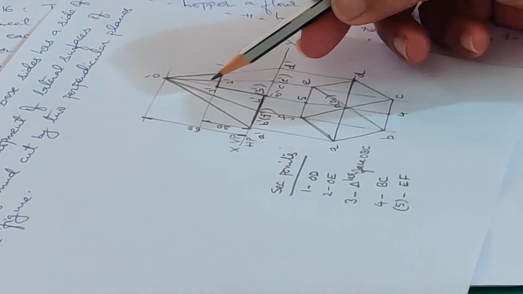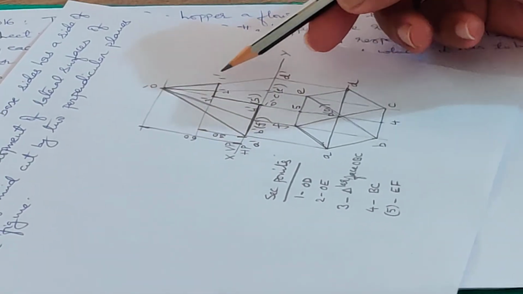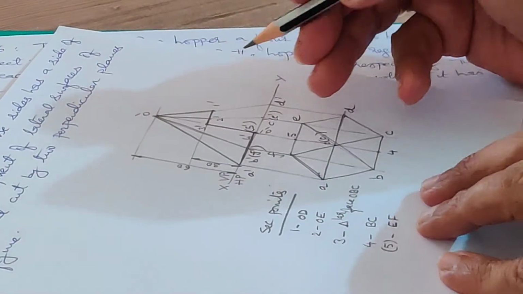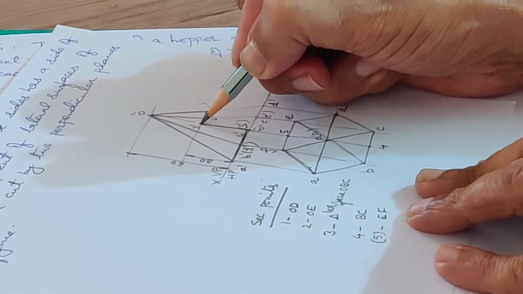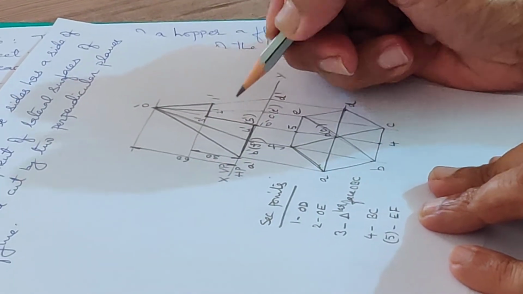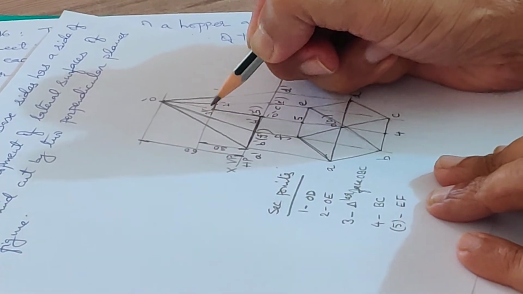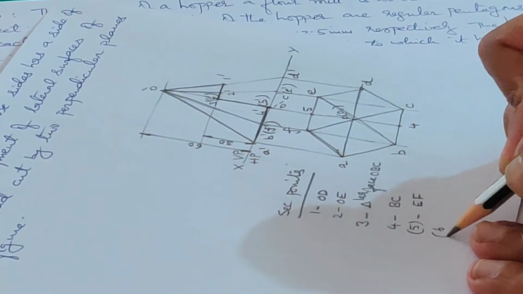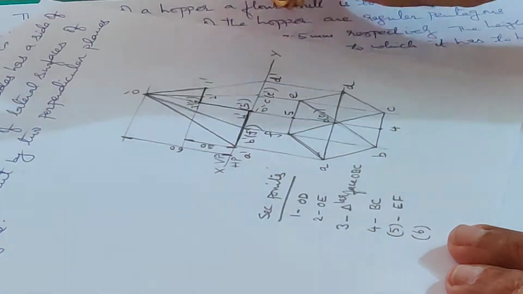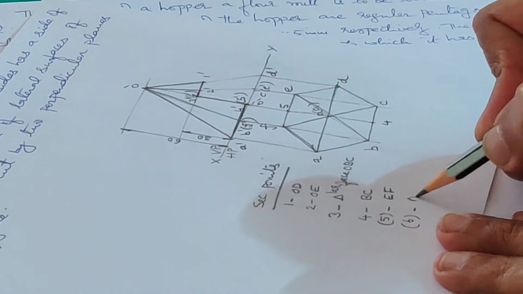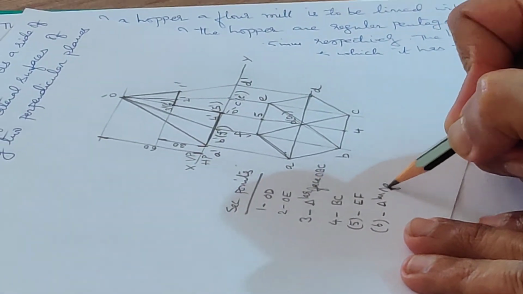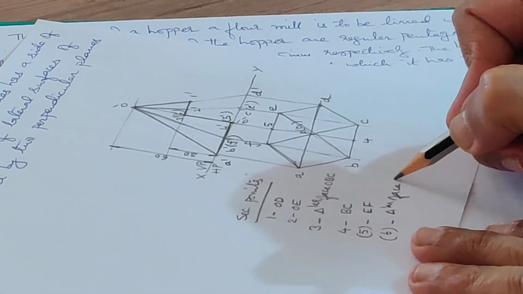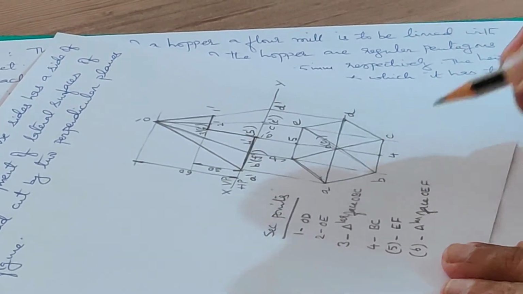So now you are going back and you are retracing the path. As I mentioned already, this is a point where the sectional plane is changing its direction. So one more point will come there, 6 dash. You can consider 6 to be on the triangular face which is behind. What is the triangular face? It is OEF. Okay.